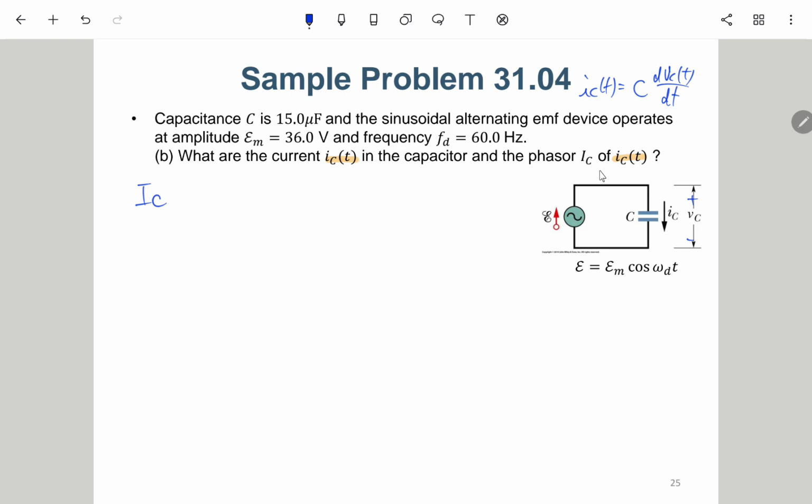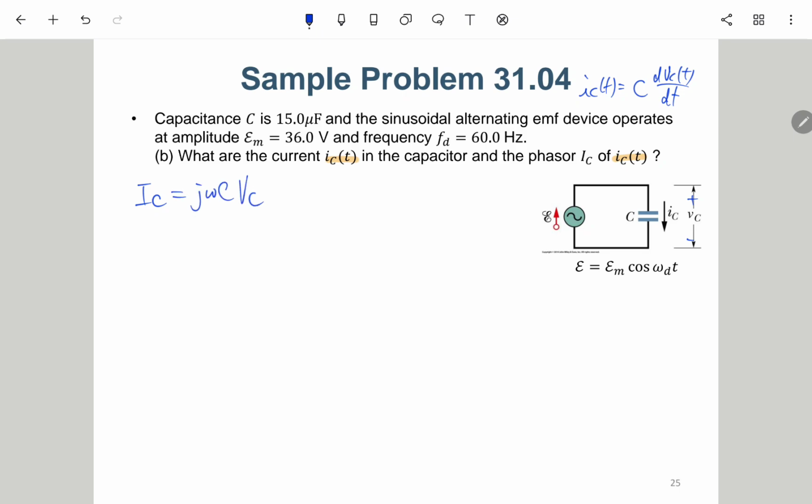But here we don't want to use the derivative. We just want to compute some complex number to get the answer. So here IC is actually j omega C VC.